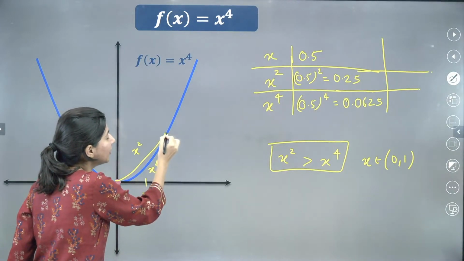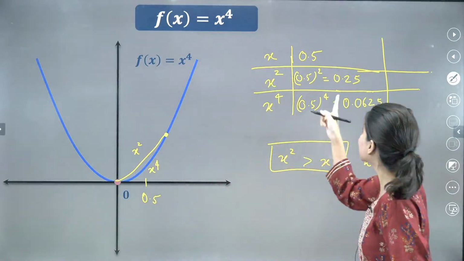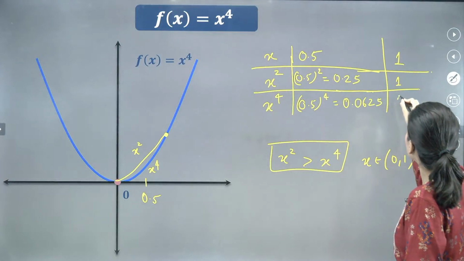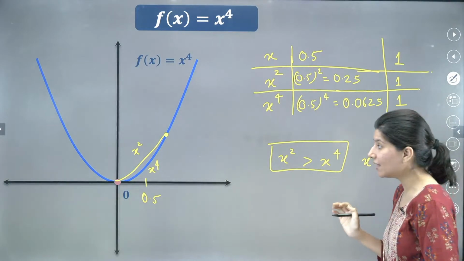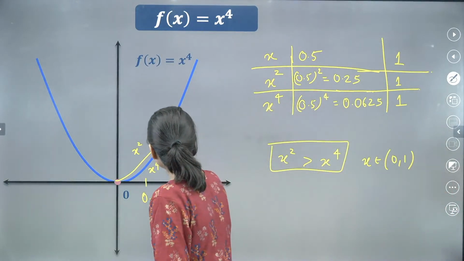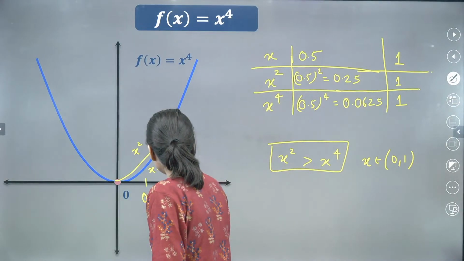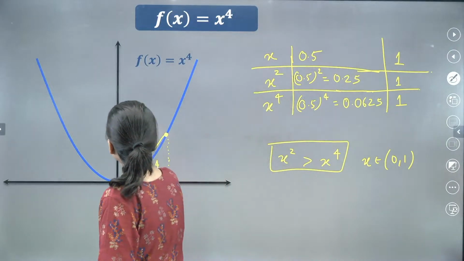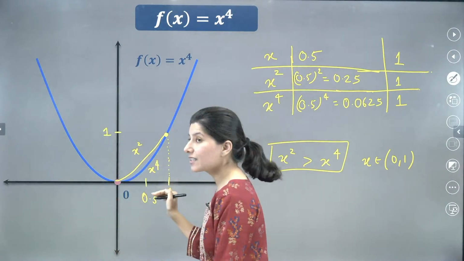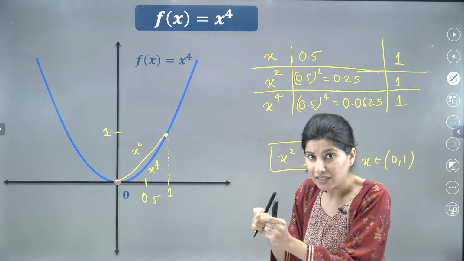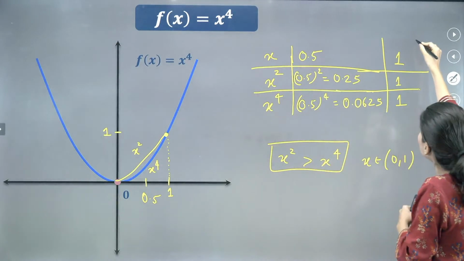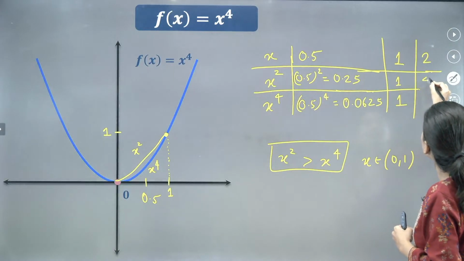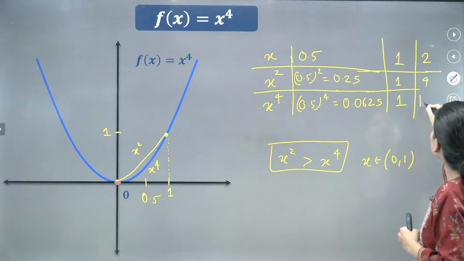Now they both will be equal the moment I put x equals 1. This is 1 square, and 1 raised to power 4 is also 1. So over here, can you clearly see this is your 1? x square and x raised to power 4 both will meet. What will happen if I put x equals 2? 2 square will be 4, 2 raised to power 4 will be 16, right?